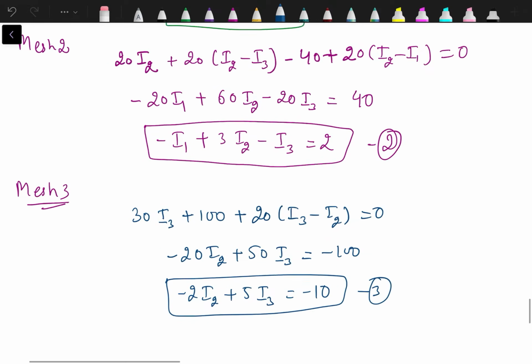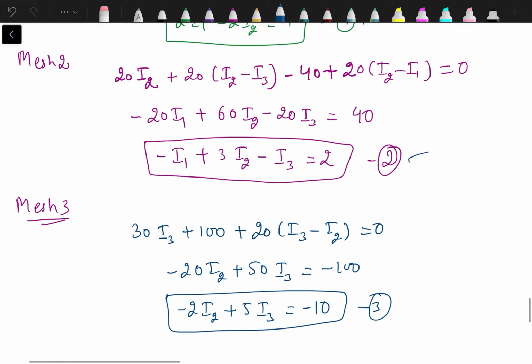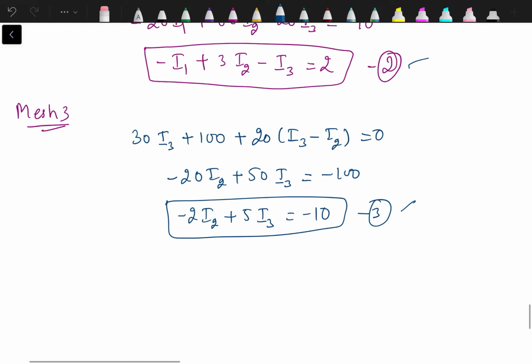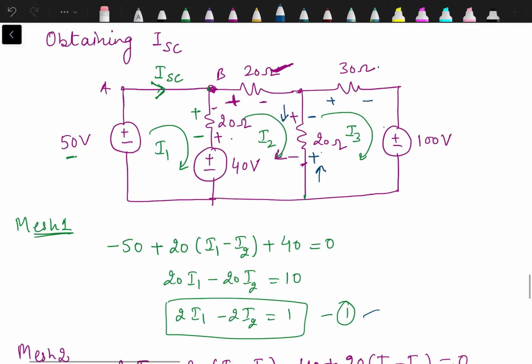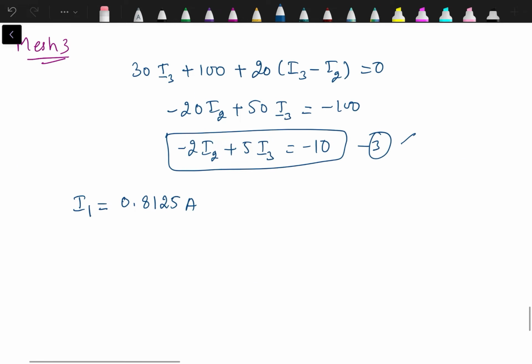Now when we solve these three equations, first, second and third, simultaneously, we will get the values of I1, I2 and I3. I1 is 0.8125 ampere. Basically, we are interested in the answer of I1 only, because I1 and ISC are the same. But still I am giving the answers of I2 and I3.